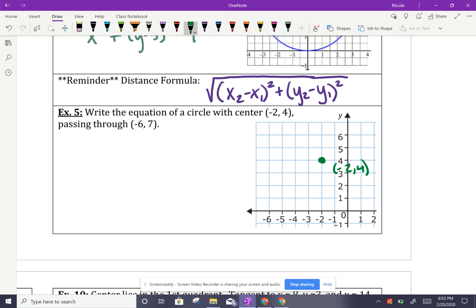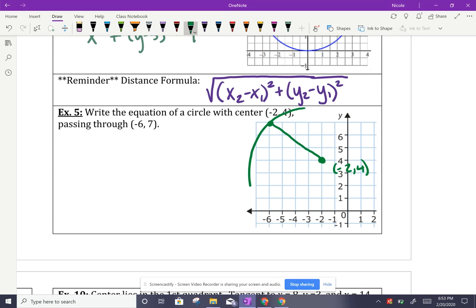So that point is existing at -6, 7, just right here. So if -2, 4 is our center, then this point connects and creates a radius. I'm always so bad at sketching this out. Basically, circle, and that point is on the circle.